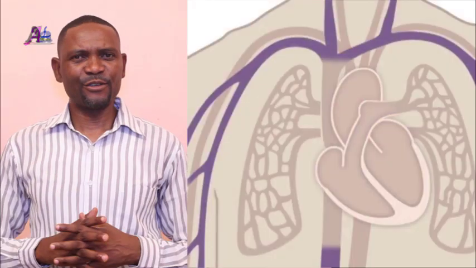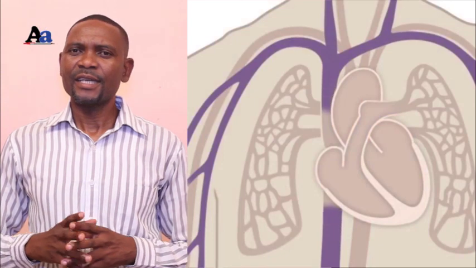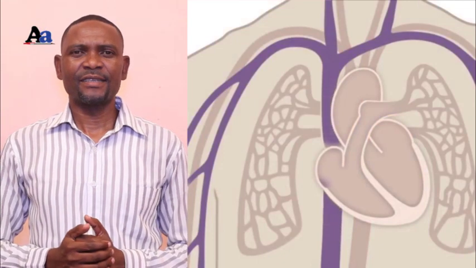And after seeing the components of the circulatory system, let's look at the last part of this show today. This is the mechanism of the heart, how the heart works. As I said before, blood from the different parts of the body enters the heart.